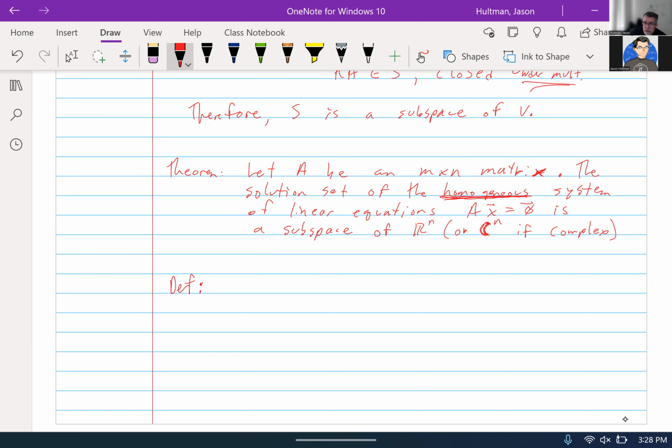That doesn't necessarily play out for other systems of equations, but if my system of equations is equal to zeros, then I'm automatically guaranteed that this is a subspace of the real or complex number system. So I don't have to check. You say, look, the system's equal to all zeros. Boom, we're good. It's a subspace. That's what that theorem means.